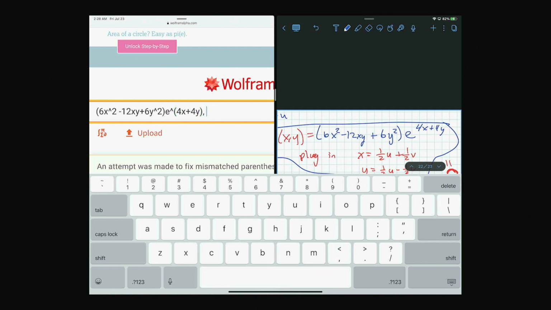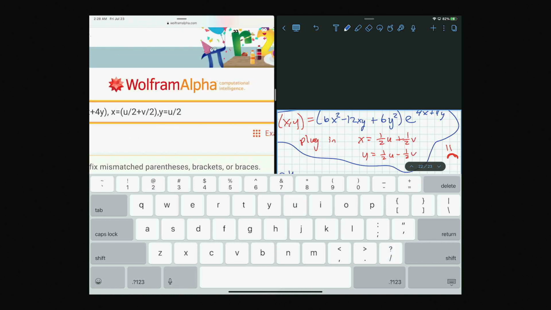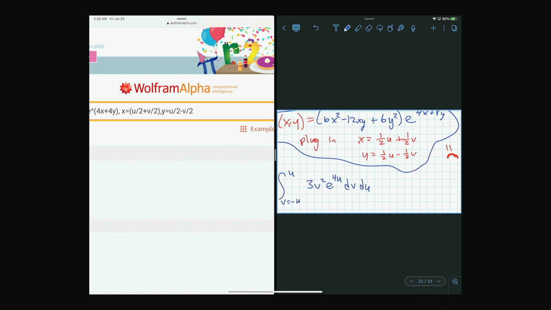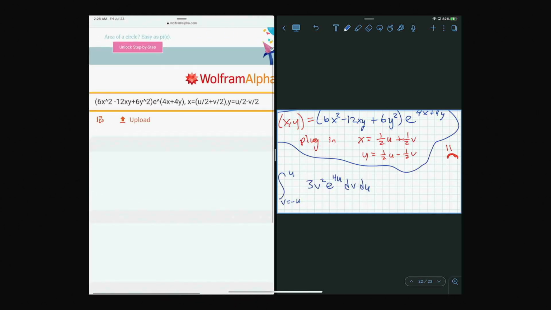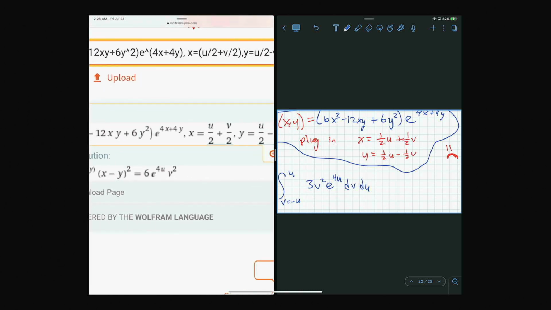So I just type that in, and then you put a comma, and then you say x equals 1/2 u. I'm just going to write it this way: u over 2 plus v over 2, comma, y equals u over 2 minus v over 2. And if this doesn't do the right thing, I know what to do to fix it, but I think it'll do the right thing.